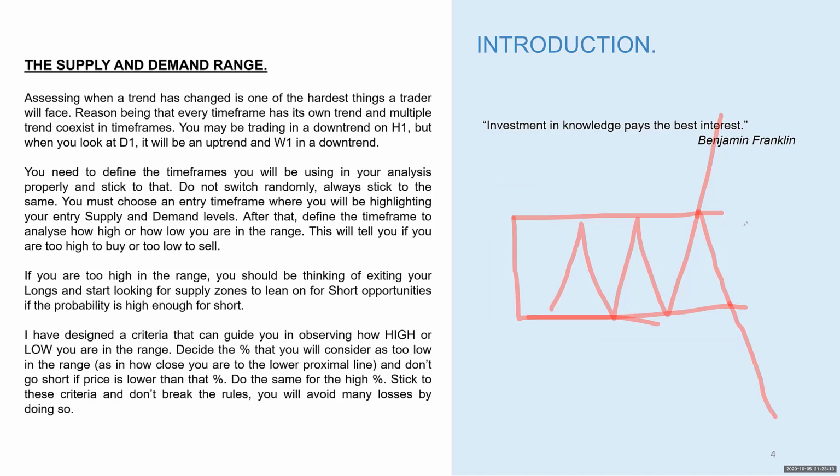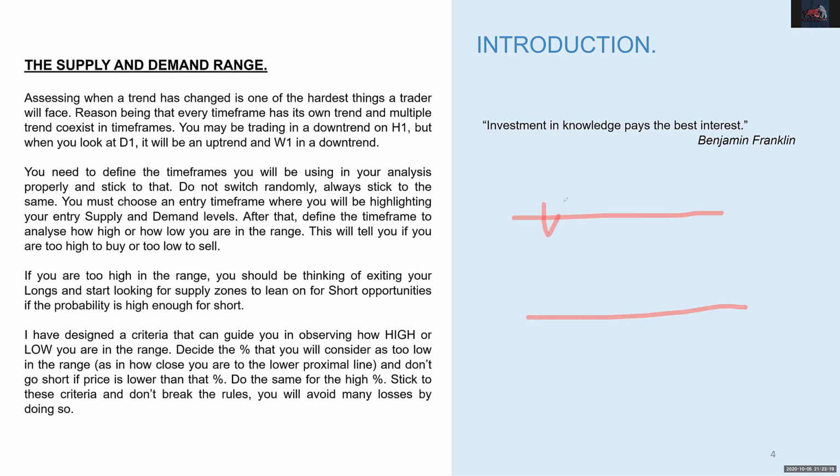So if you are too high in a range, it means price is up here. You should be thinking of exiting your long positions. Say you bought down here and then you see price approaching the extreme highs of the range.